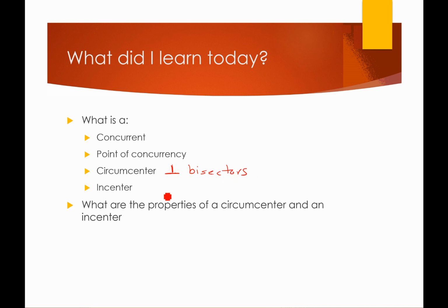And the incenter is the point of concurrency for the angle bisectors of your triangle. The distances from the circumcenter to the vertices are congruent, and the distances from the incenter to the sides, being the perpendicular, are going to be the same.